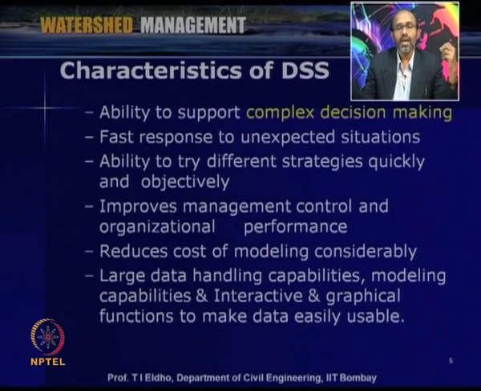So, the decision support system should be very fast in any kind of unexpected situation, so that the decision maker can make the decision easily. And then other characteristics include the ability to try different strategies quickly and objectively, according to the set objectives.